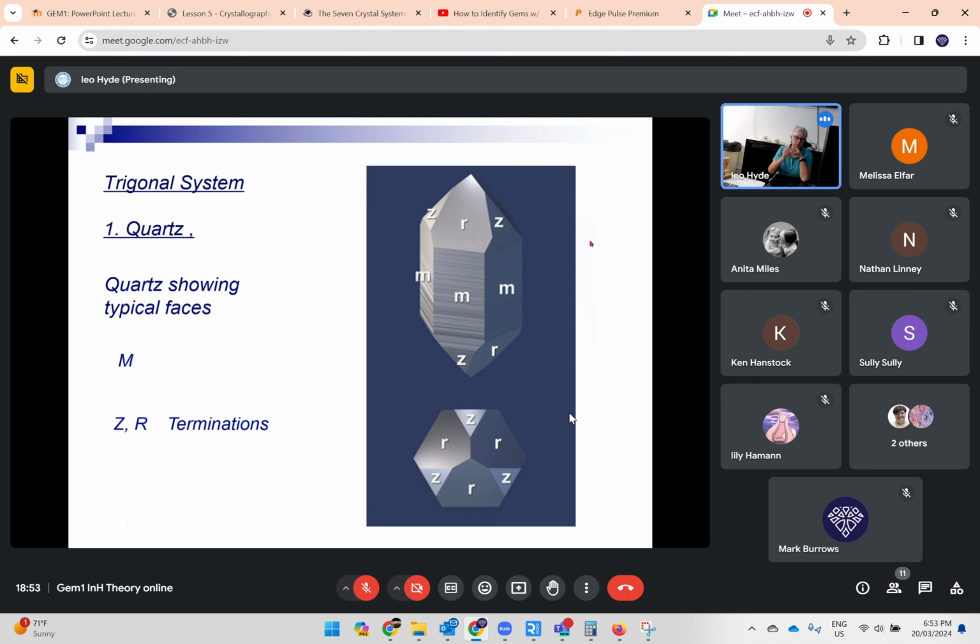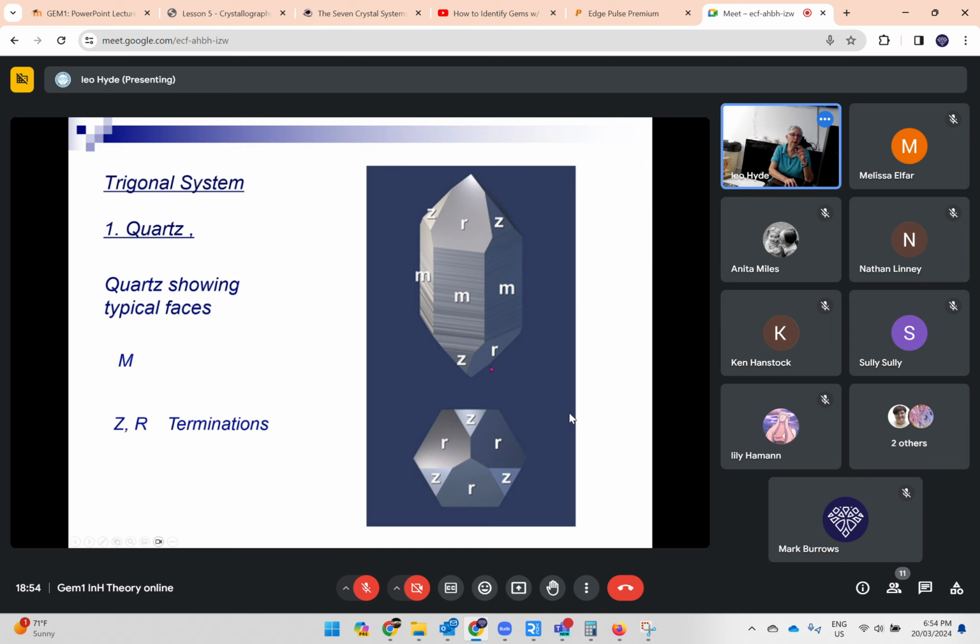There was our quartz system showing you that. M is the prisms. Because of these 2 sets of 3, that Z face there is the same as that one. We've not got one top and bottom, so they cannot be bipyramids, because of these 2 lots of 3.